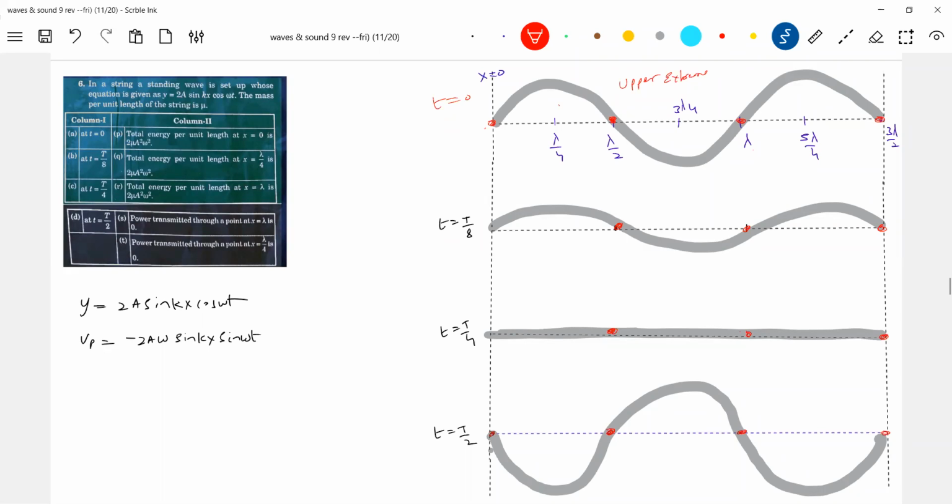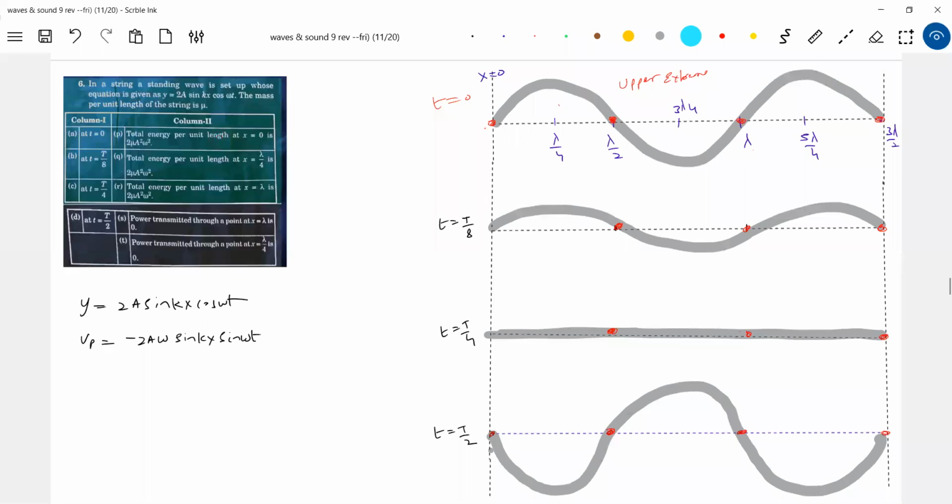Okay, let's get into the first option, at t equals 0. Total energy per unit length at x equal to 0. What do you mean by unit length? Total energy per unit length. Is it asking energy density?